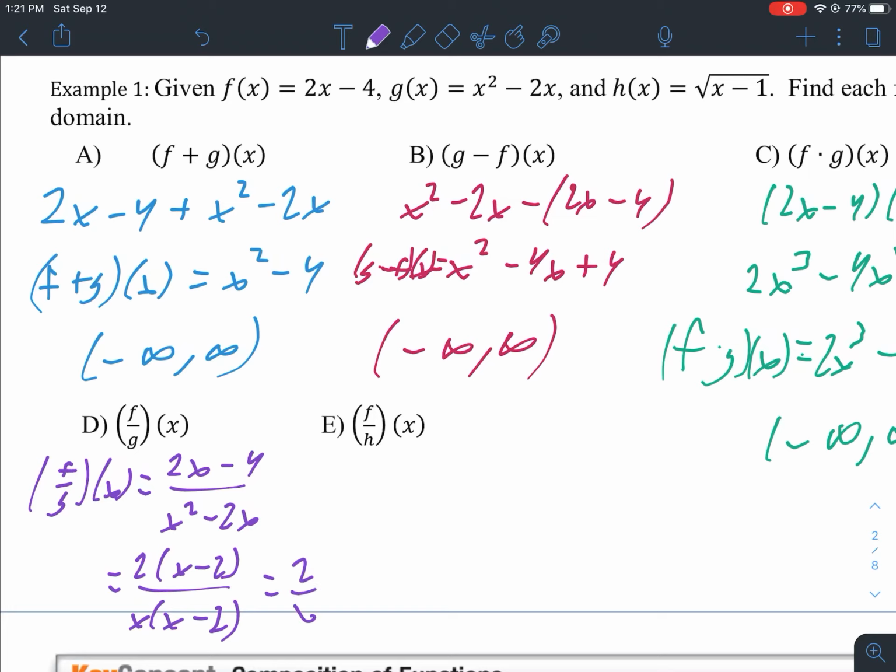What we're left with is just 2 over x. But be careful of the domain here. Obviously, we can't put 0 in the denominator, so 0 does not work. But what happens at x equals 2 is a hole. So that's also not part of the domain. So the domain for this one would not include 0 or 2. So that's your domain for D.